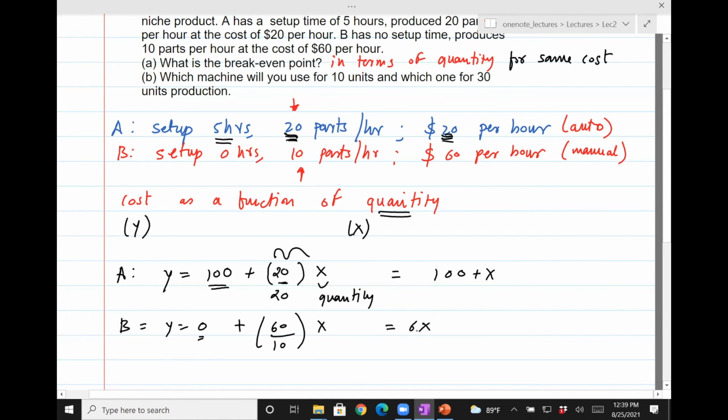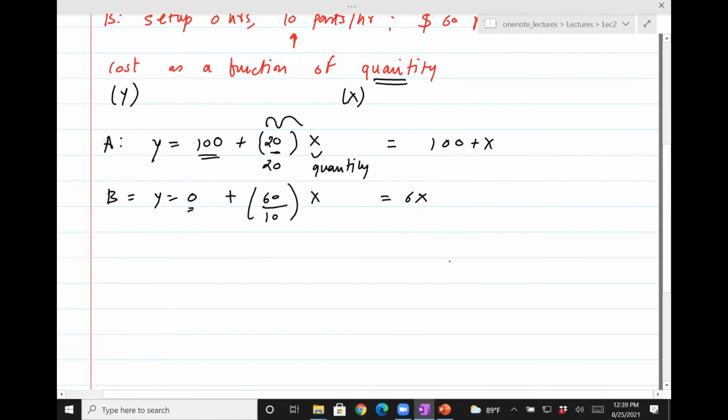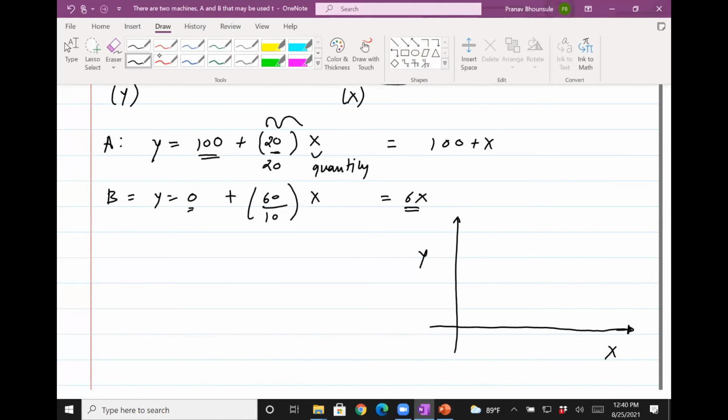So that's 6X. If you want to think of these in terms of a graph, then you would have a graph which is Y as a function of X, where Y is your cost and X is your quantity. If you draw this line, the 6X line is probably simple, so let me draw that first.